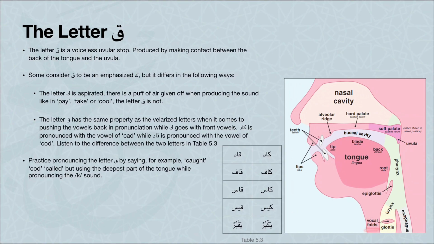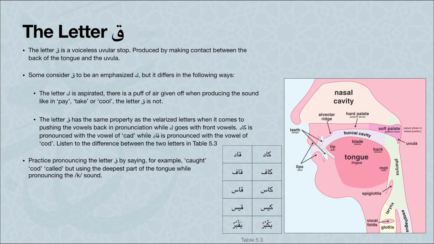When producing certain sounds, some sounds cause these vocal cords to vibrate, and some sounds do not. For example, if I try to say the sound z, put your fingers on your voice box and say z, you would realize that your vocal cords vibrate. Z, z, z. Your larynx or your voice box is vibrating.